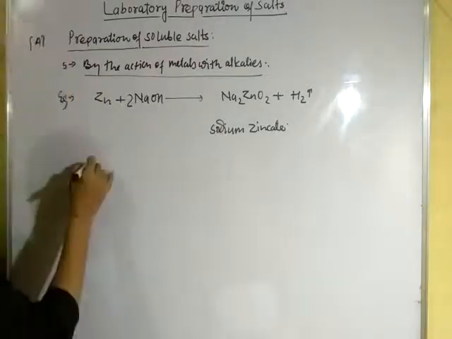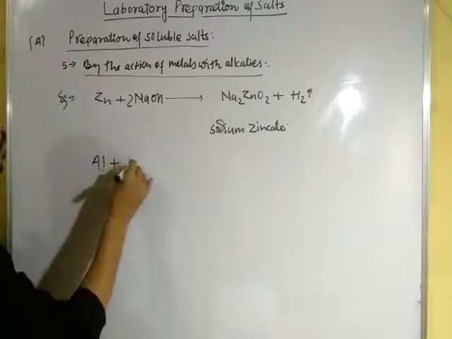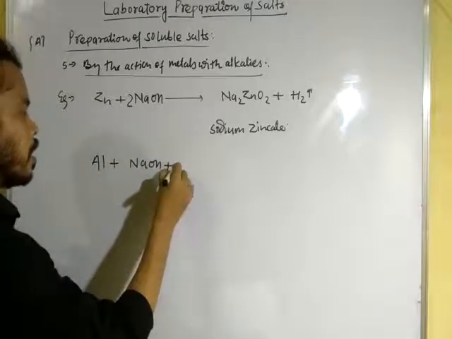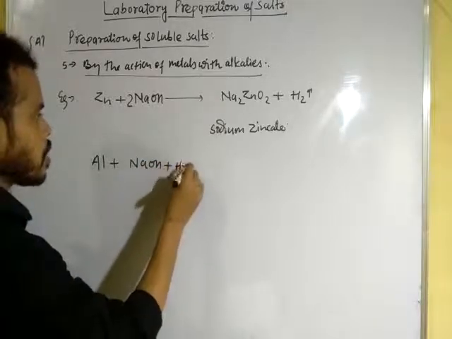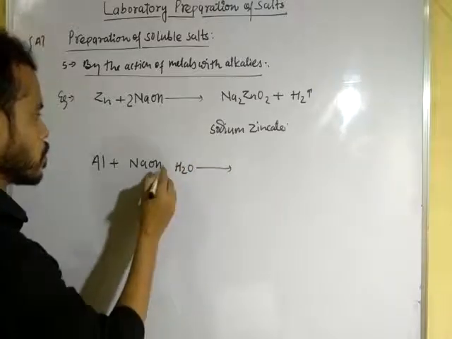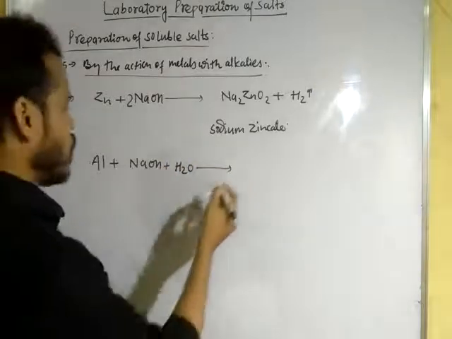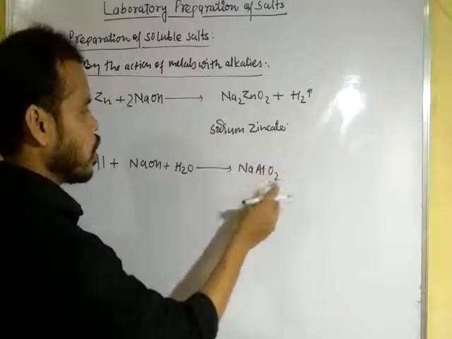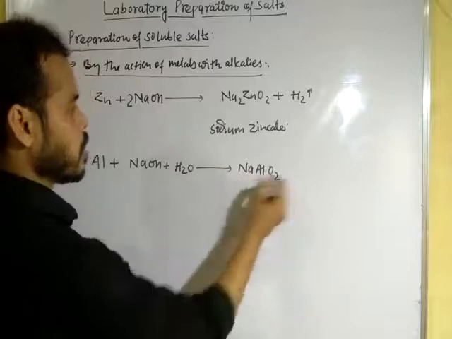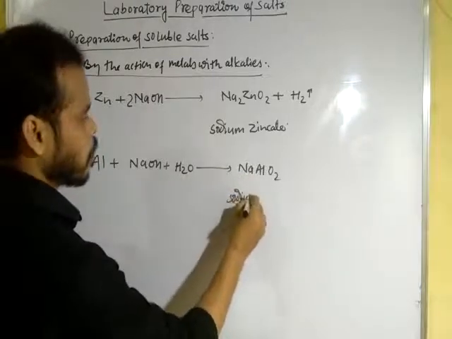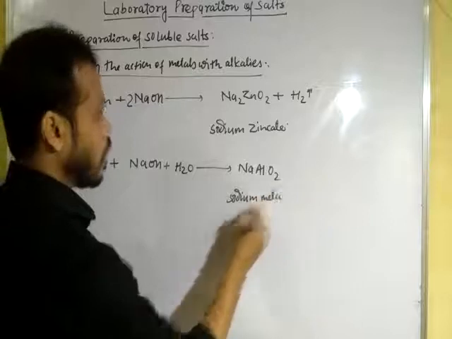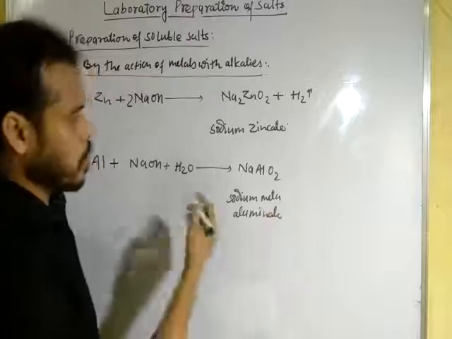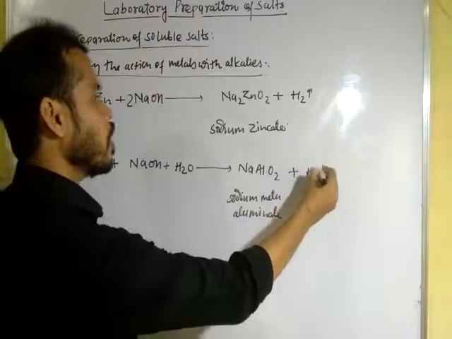Next, when aluminium is treated with aqueous NaOH, that means H2O should be present, the compound formed is sodium aluminate, NaAlO2, known as sodium meta aluminate, with the elimination of H2 gas.